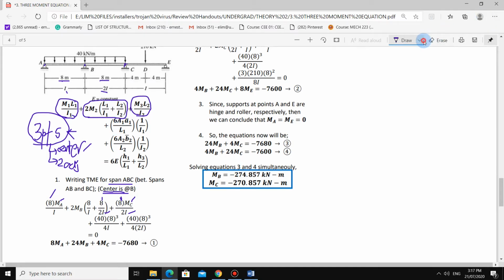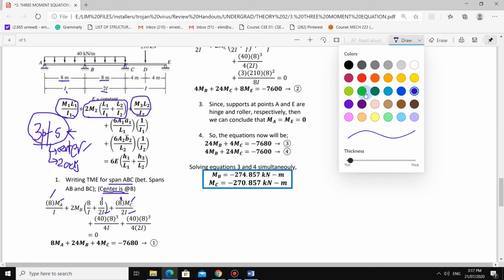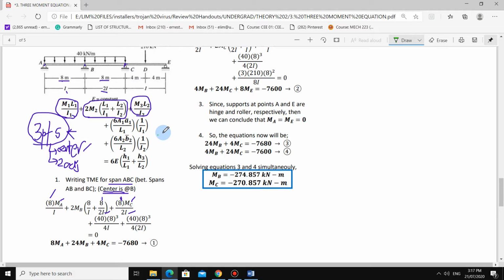Then how about for the support? For the loads, not due to loads: 6A1 A bar over L1 times 1 over I1. So what does this mean? This is the bending moment due to the loads at the left side.